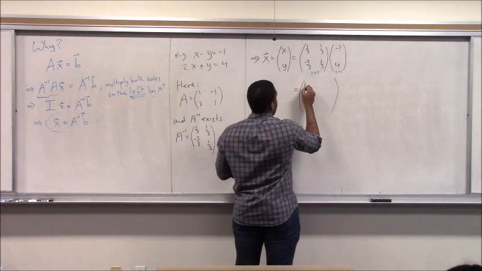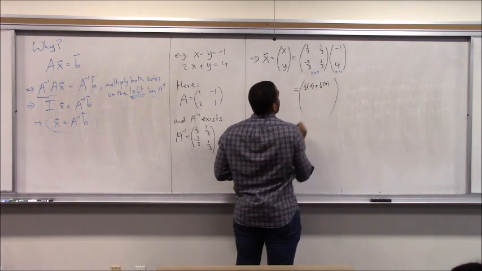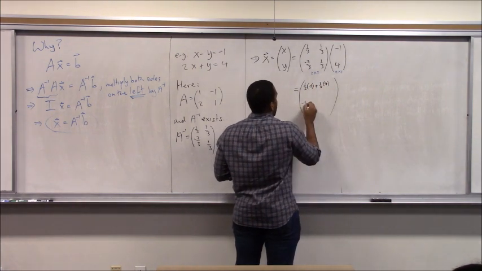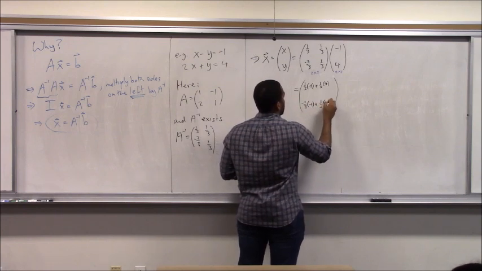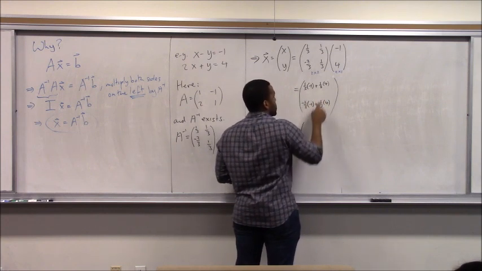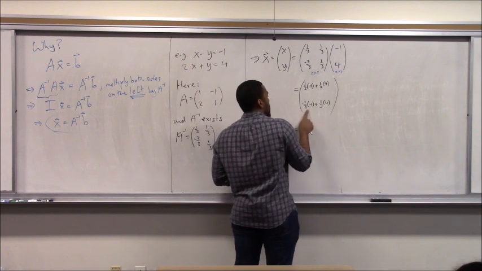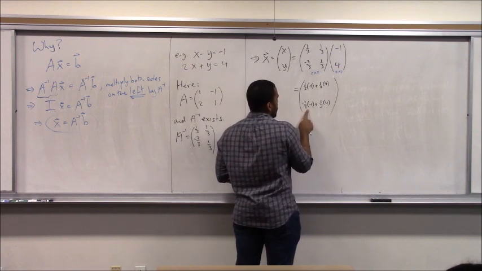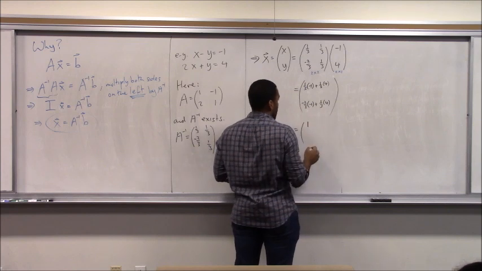So what will that 2 by 1 be? Well, it's going to be 1/3 times minus 1 plus 1/3 times 4. And then it's going to be minus 2/3 times minus 1 plus 1/3 times 4. You can simplify that. That's minus 1/3 plus 4/3, that's 3/3, which is 1. Here you have plus 2/3 plus 4/3, that's 6/3, that's 2.